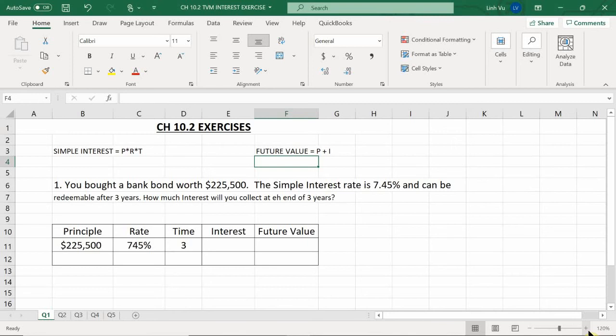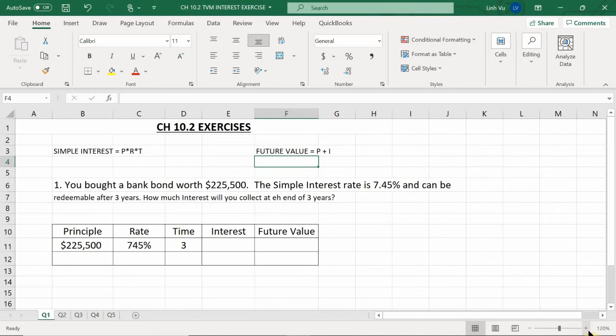So example number 1 says that you bought a bank bond worth $225,500, okay? And it has a simple interest rate of 7.45% and can be redeemable after 3 years.